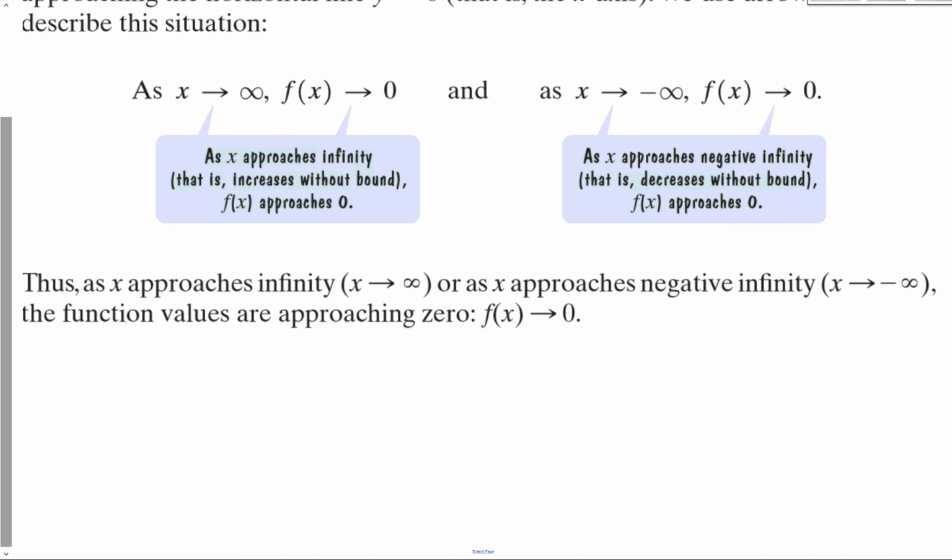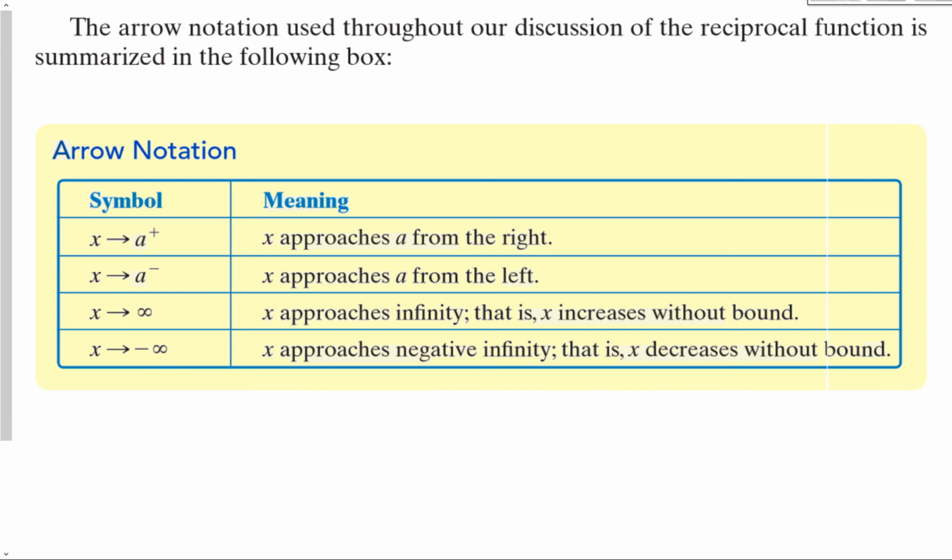And the way I would write this with limit notation is the limit as x approaches infinity of my function is 0, and the limit as x approaches negative infinity of my function is also 0. Okay? So limits simply are just what the graph is getting closer and closer to as you get to a specific point.